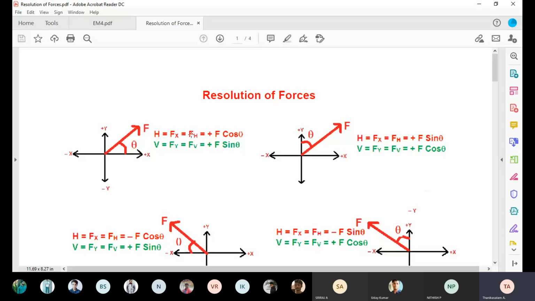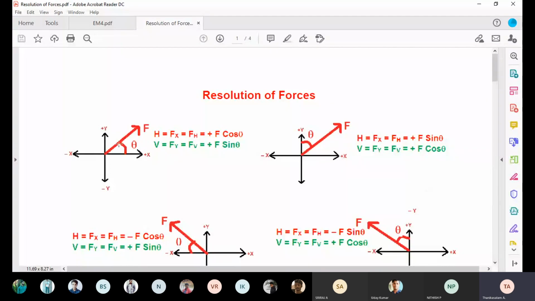Other name, Fh, force in horizontal direction. So I have given 3 different names, H, Fh, Fx, with the same meaning, force in horizontal direction. V means vertical component: Fy, force in y direction, Fv, force in vertical direction. All mean the force in vertical direction.